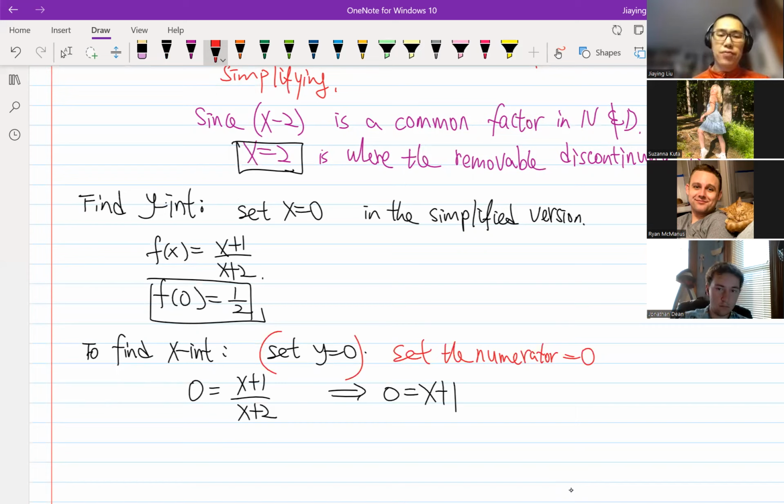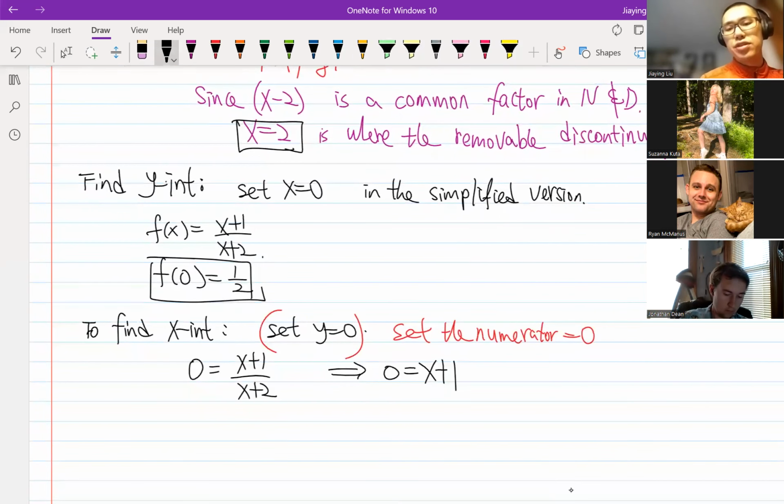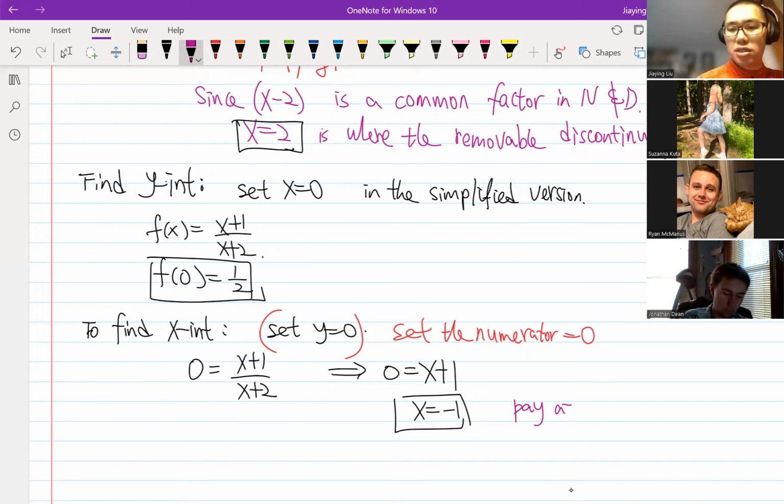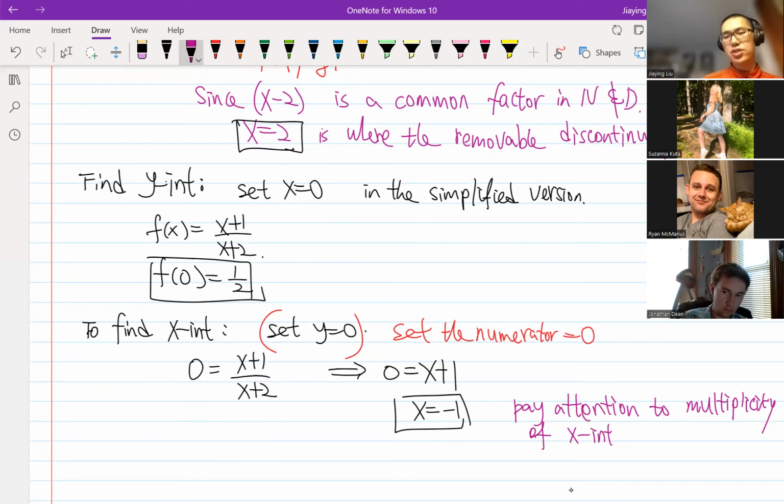So that's another way to remember. For finding the vertical asymptote, you set the denominator equals 0. To find the x-intercept, you set the numerator equals 0. But if you don't want to remember this, just say, okay, I'm going to set y equals 0. Doesn't change anything. So if I solve for x, I get x equals -1. And here we have to pay attention to multiplicity of x-intercepts, because that's going to tell us how the graph is going to behave at each x-intercept.